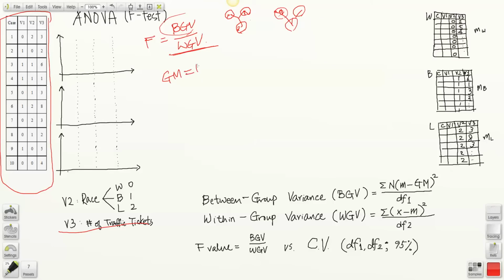It's just simply mean of traffic tickets, mean of these values, average of these values. And again, make clear distinction between sample and subsample. This is mean of sample, and you have all these mean number of traffic tickets for each subsample.